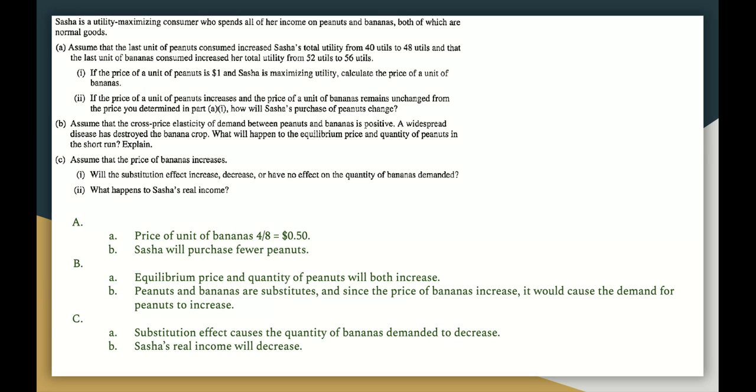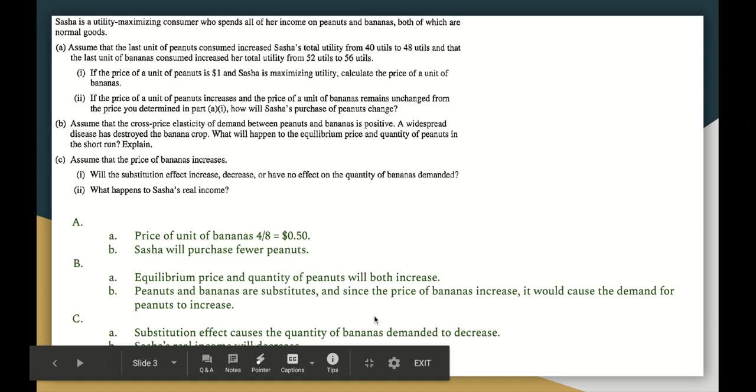Her real income is based on how many bananas she could buy before this situation and how many bananas she can buy today. Since the price has gone up, she can buy fewer bananas today. That means that her real income goes down.